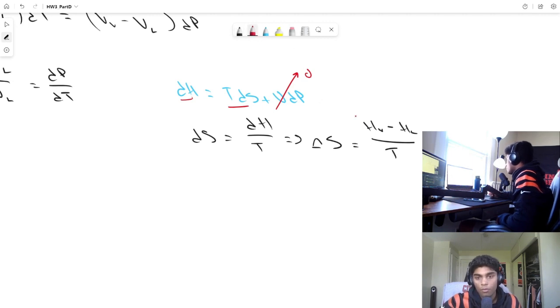Now, this top portion is what we call the delta H of vaporization.